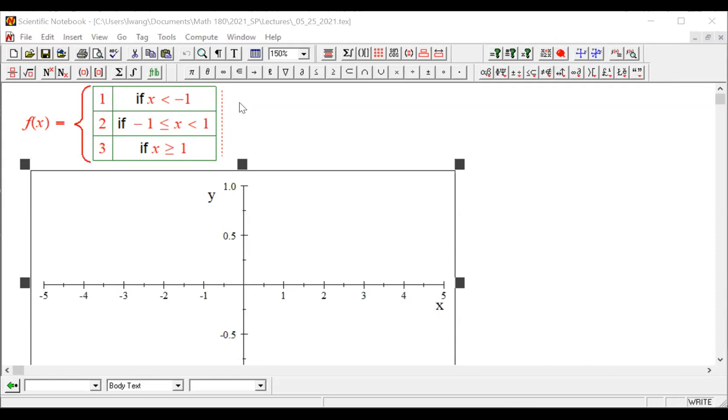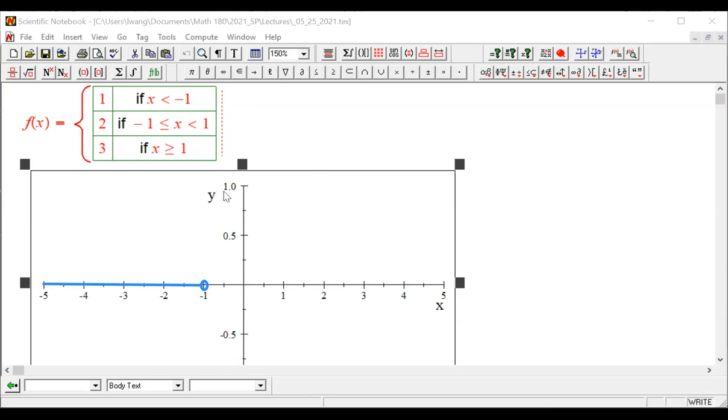You see how it's being constructed, right? That's one interval. In that interval, what is the rule? The rule is if any input is less than -1, the output is 1. The output is always 1.